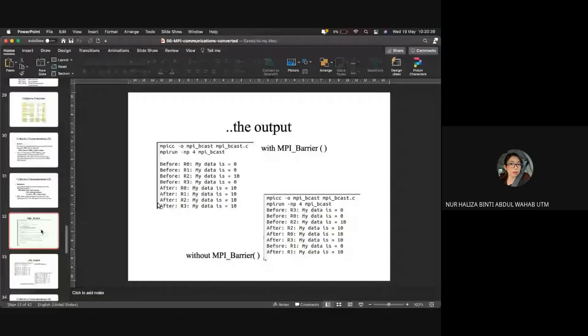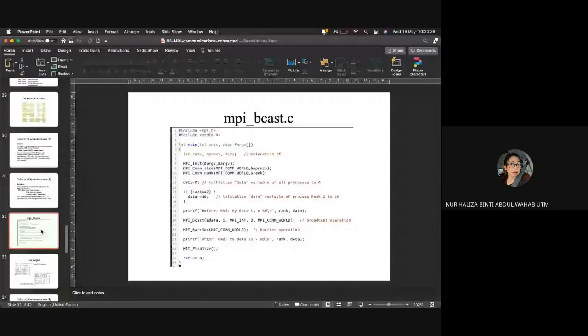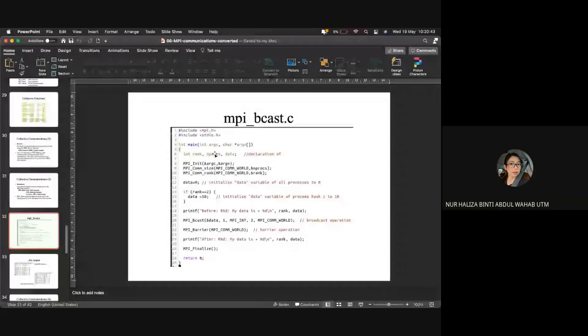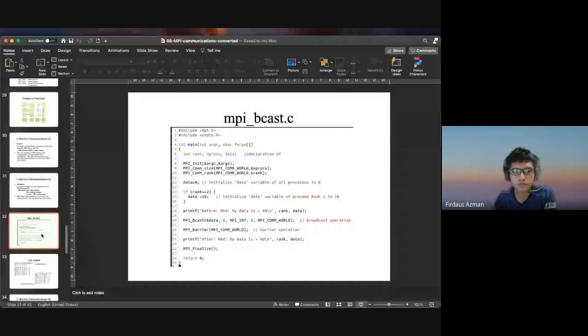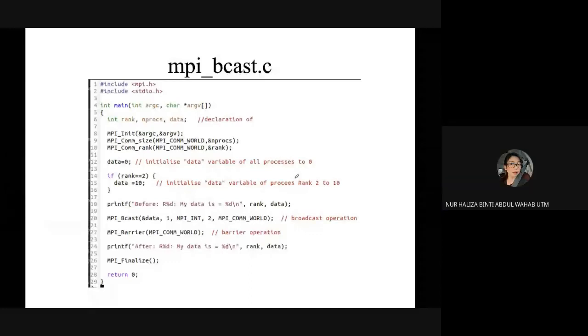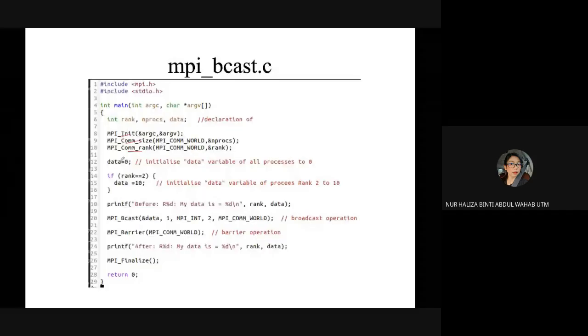Is that MPI init, MPI comm size and MPI comm rank the template? Yes, you must put them when you write MPI programs. This is your declaration, the first declaration about your process. It is like if you learned your COA subject before this, you have a template before you use assembly language, with the first declaration of your data section.